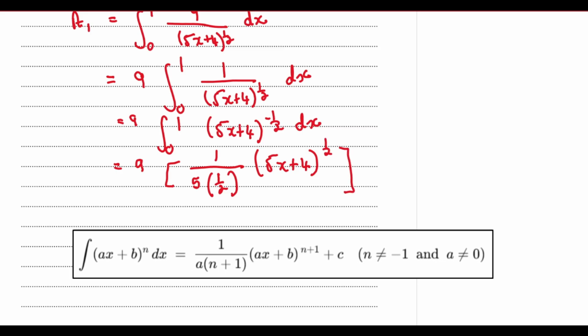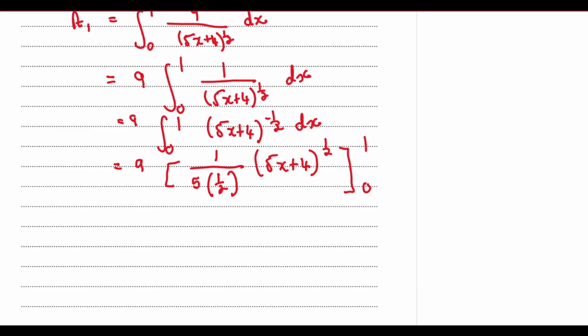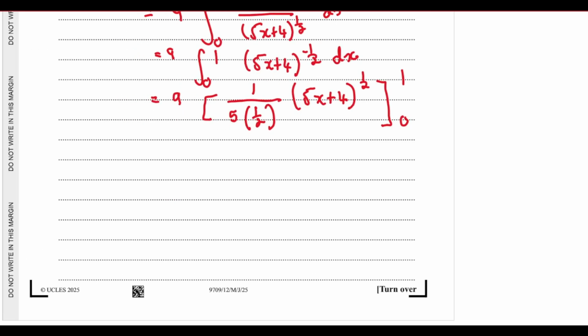And we want to evaluate this from 0 to 1. We evaluate the 1 minus the 0. You'll end up getting 2 over, that 5 times half will become 5 over 2. So it's 1 over 5 over 2, which is 2 over 5.